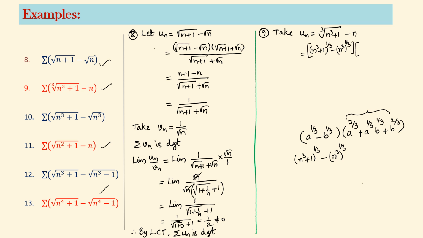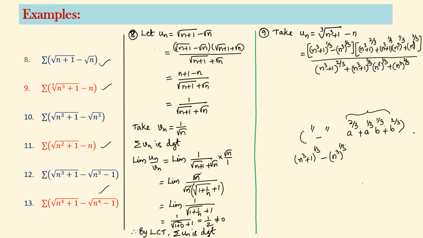Its conjugate is a power 2 by 3, meaning (n cube plus 1) power 2 by 3, plus a power 1 by 3 into b power 1 by 3, meaning (n cube plus 1) power 1 by 3 into (n cube) power 1 by 3, plus b power 2 by 3, meaning (n cube) power 2 by 3. The same factor should be given in the denominator.